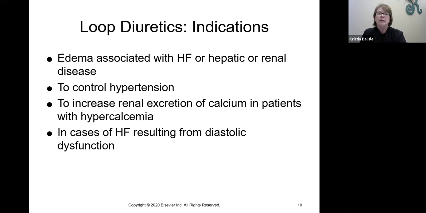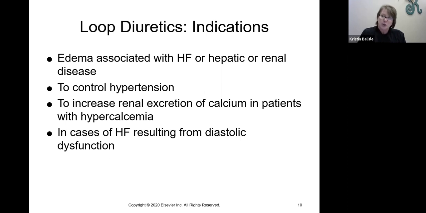We give them, once again, for edema associated with heart failure or hepatic or renal disease. We want to control hypertension. We give it to increase renal excretion of calcium for patients with hypercalcemia. So if we have a patient with a really high calcium level, we can give a loop diuretic to help get rid of the calcium. Also in heart failure resulting from diastolic dysfunction.